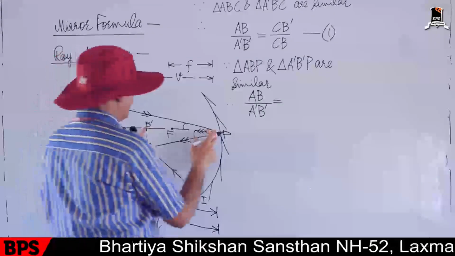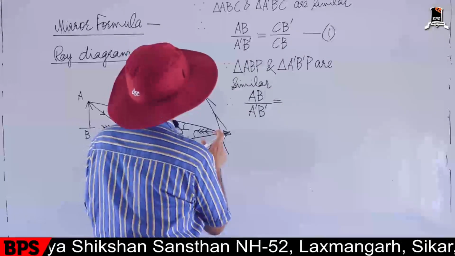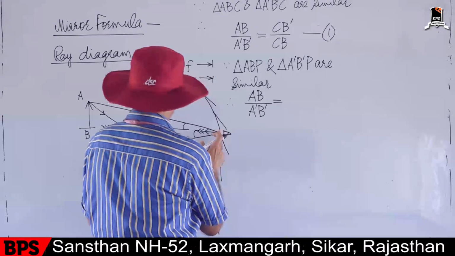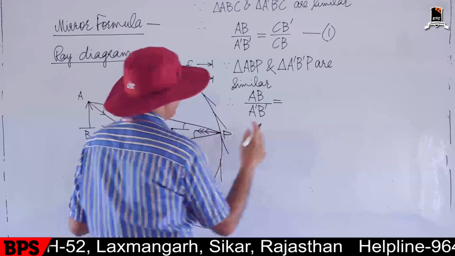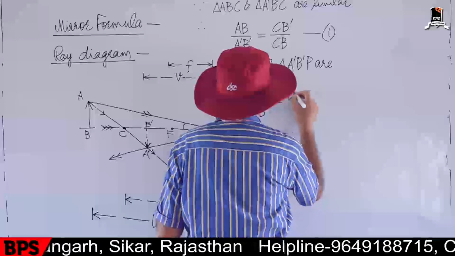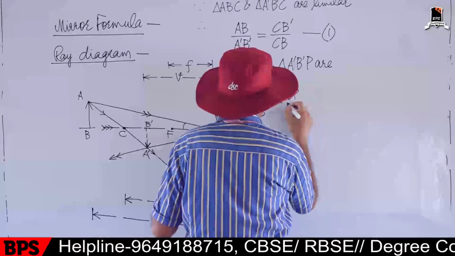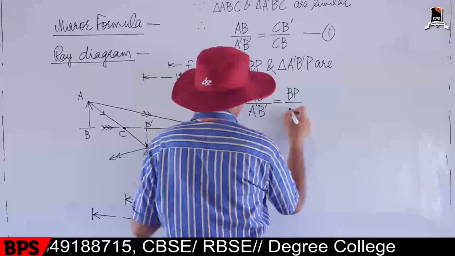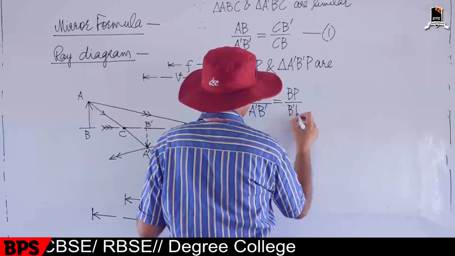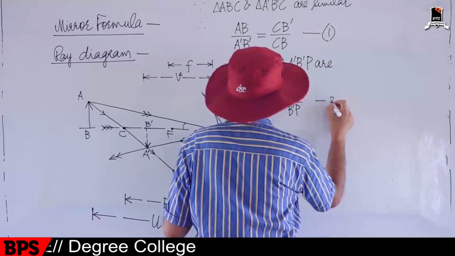The sides of interest are these horizontal sides, which are BP divided by B dash P. So this is the second equation.